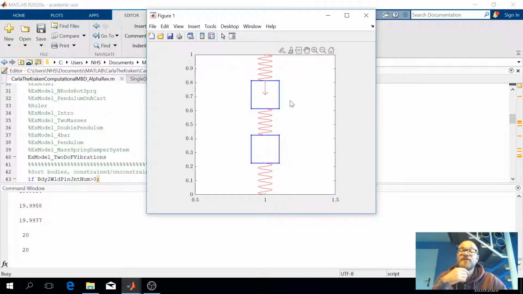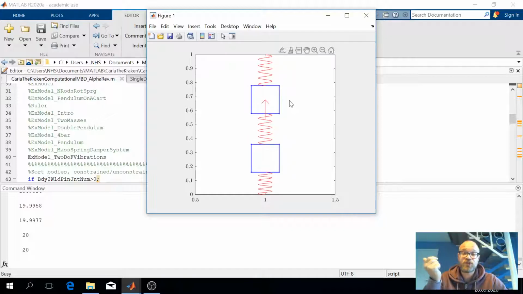I have 2 degrees of freedom, meaning the system will have 2 eigenfrequencies and 2 corresponding mode shapes. Now this is the first mode we just saw. The masses are oscillating upwards and downwards along with each other. They move together.